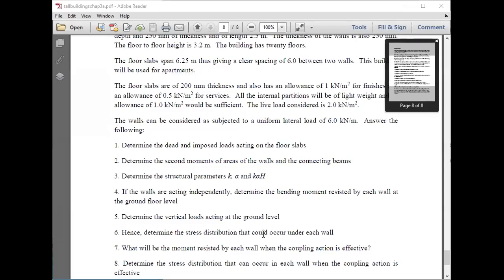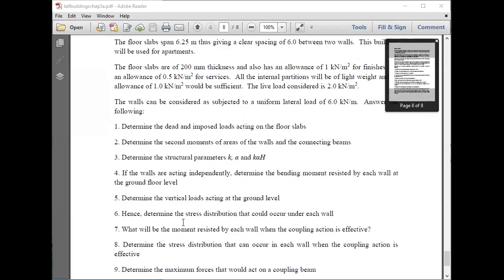Now we move on to the next part of the problem. Here the coupling action is effective, and we are asked what is the stress distribution that you will get when the coupling action is effective. We have come up to 6. We have determined the stress distribution that could occur under each wall.